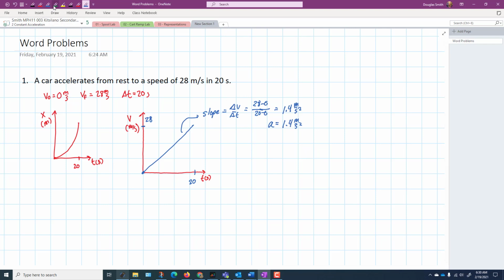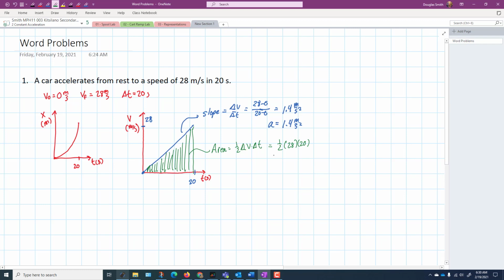I could also find the area under this graph. That's easy to calculate. Area will be 1/2 delta V times delta T. 1/2 base times height. So that is 1/2 28 times 20. So 28 times 20 is 560.